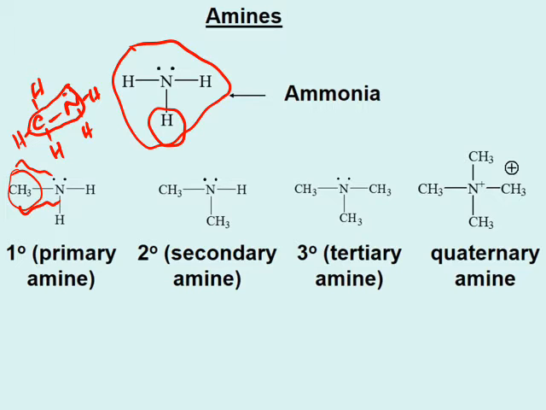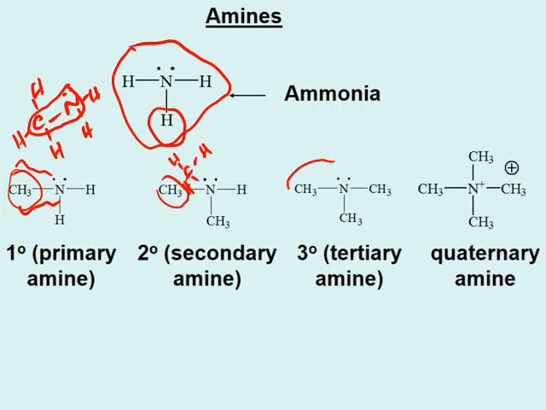Similarly, in 2-degree amine, the 2 hydrogens are replaced by methyl group. So here the bonding is not very nicely shown, but truly the bond is between nitrogen and carbon, and the hydrogens are like this. So make sure you understand that.